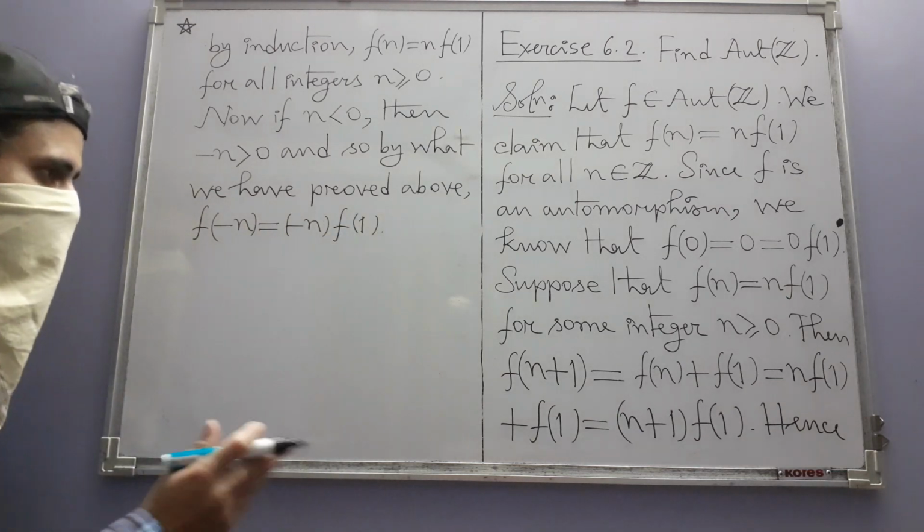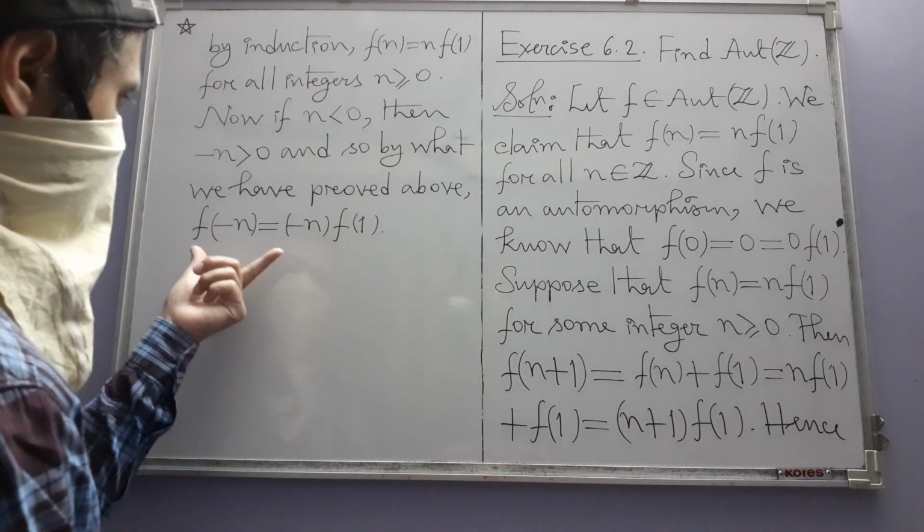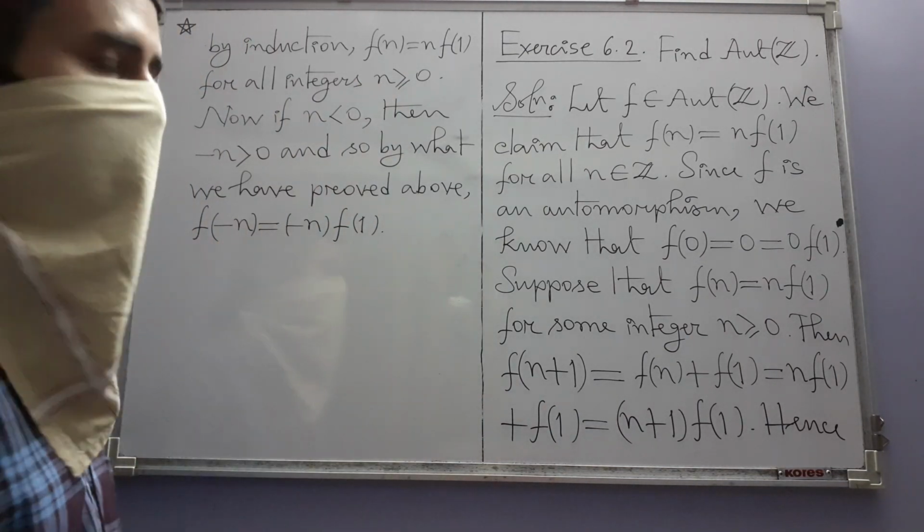So we are applying the already proved case to the positive integer minus n.